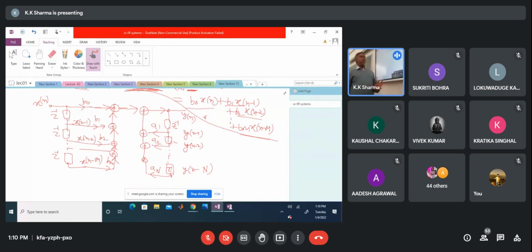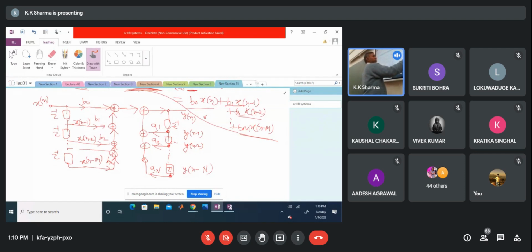Now, each delay element is representing one memory register, and a clock is always implied in these block diagrams, although it is not explicitly shown here. There is always a clock which will move the number from one element to the next at the occurrence of the clock cycle. Whatever is at y of n minus 1 will be moved to y of n minus 2.